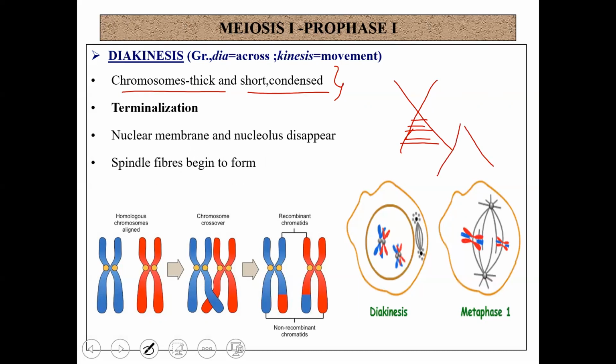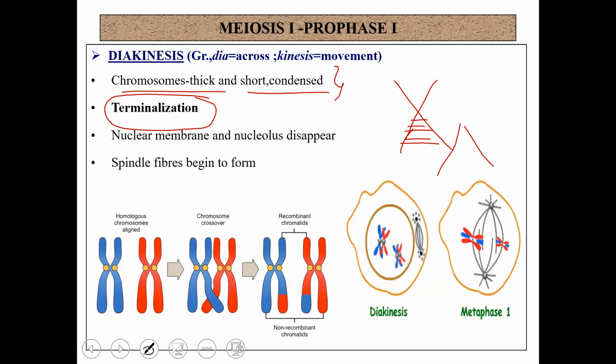That process is called terminalization. Terminalization is a process where the chiasmata slide towards the tip. They disappear one after the other by moving towards the tip of the chromatids, and that process is called terminalization. Along with it, even the nuclear membrane and nucleolus will disappear.